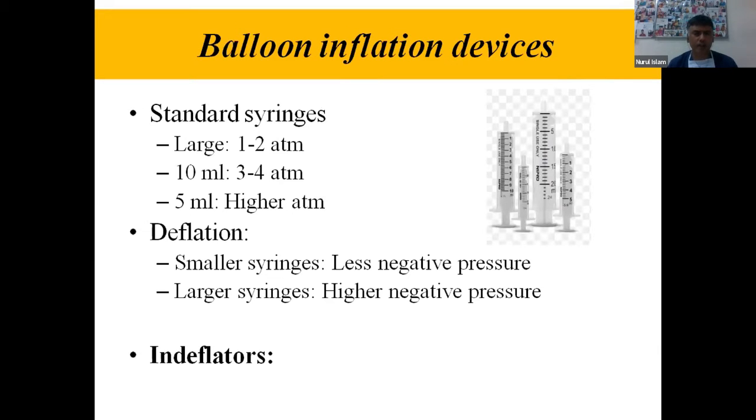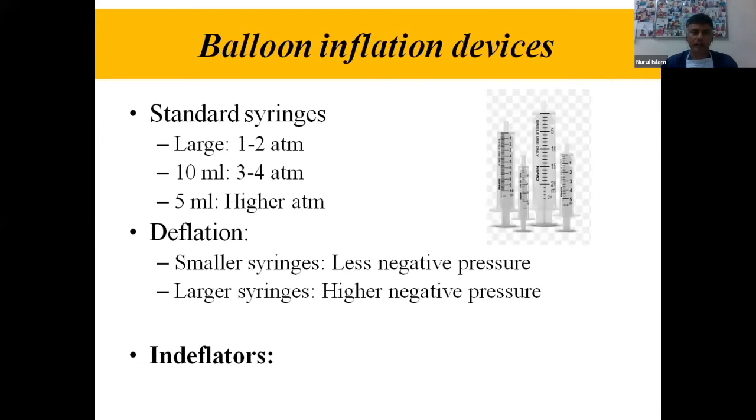Balloon inflation is one of the important things which we should know. It can be done by regular syringes, and also there are some specific devices. But the problem with syringes is that smaller syringes can create a higher atmospheric pressure, but with the larger one, when the balloon size is bigger, it's very difficult to generate the expected pressure for angioplasty.